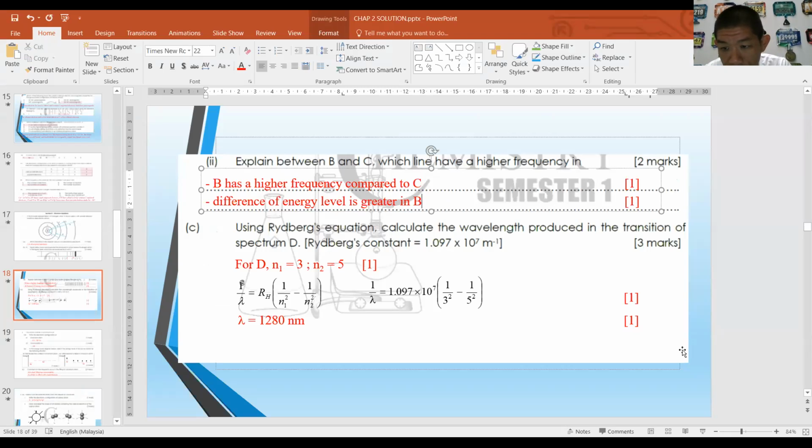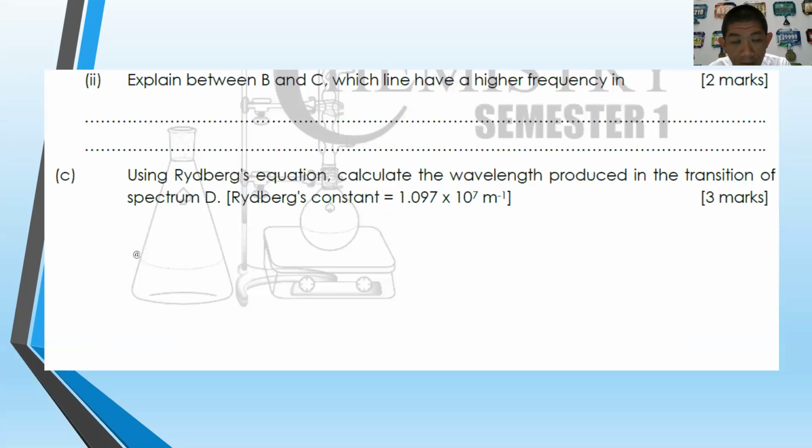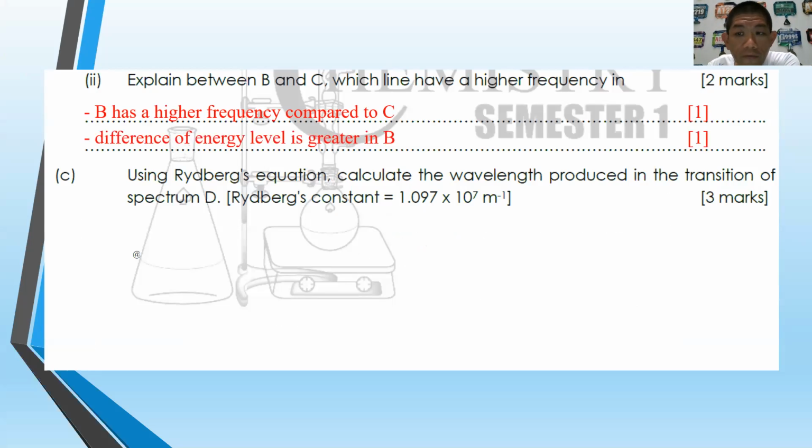That is why you expect B to have a higher energy compared to C. So that is how you answer this one. Of course, you can use calculation to prove it, but since the question only asks you to explain, there's no need to go through all the calculations because this will take a lot of time. So the best answer here will be B.